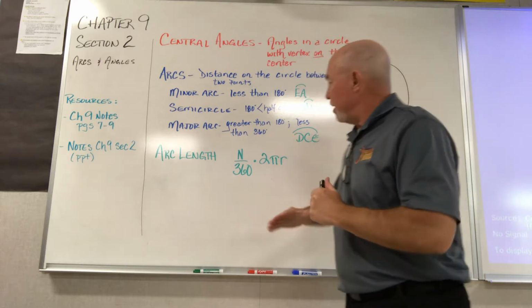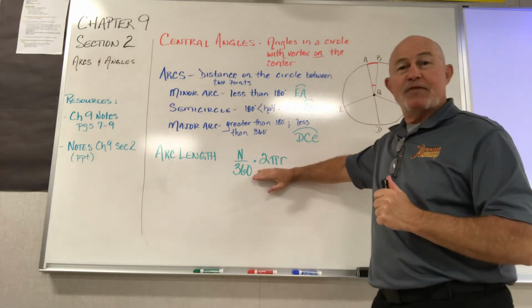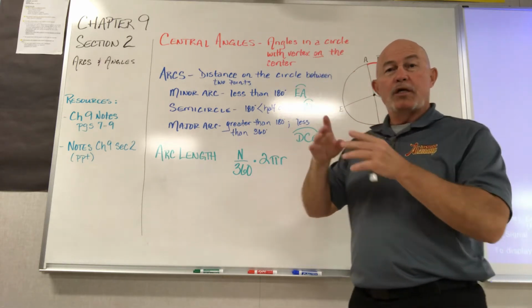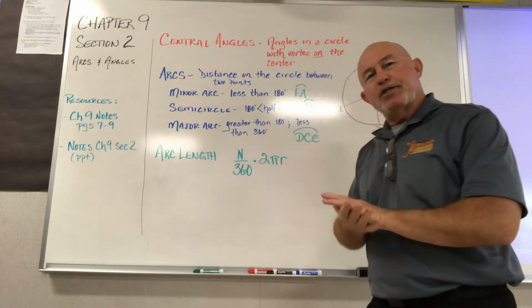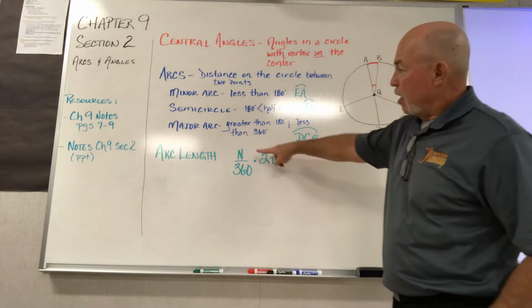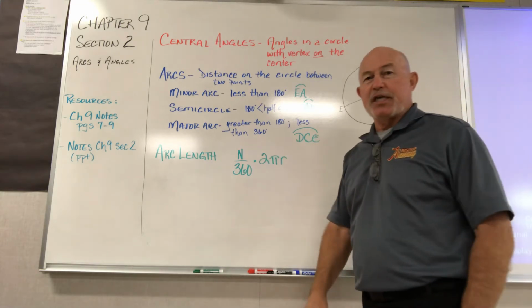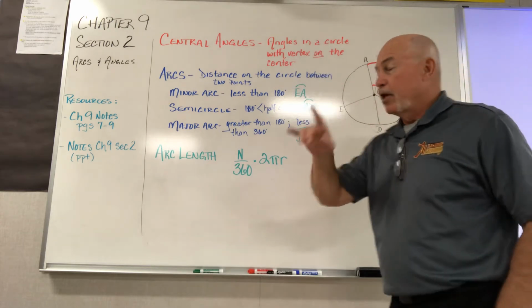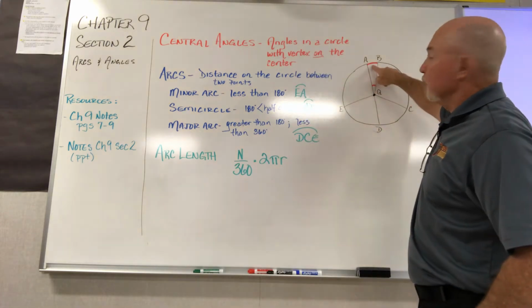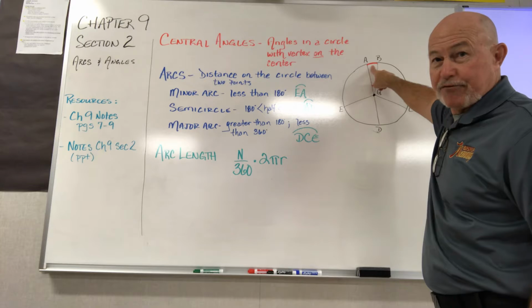Okay? If you remember the circumference of a circle, 2 times pi times the radius. Well, what we're going to do here is this. N over 360. 360, the entire circle. The n is the measure of the arc you want to find.